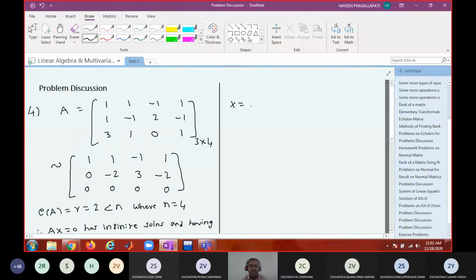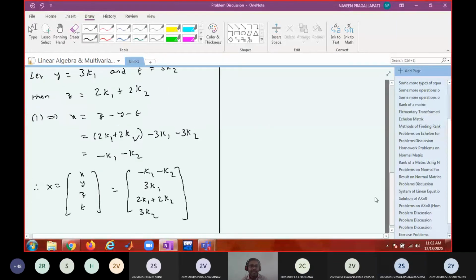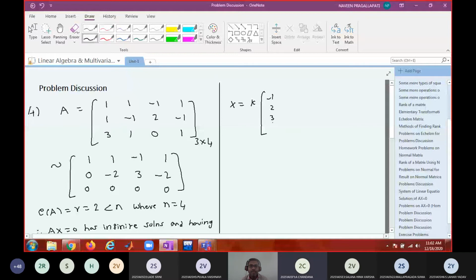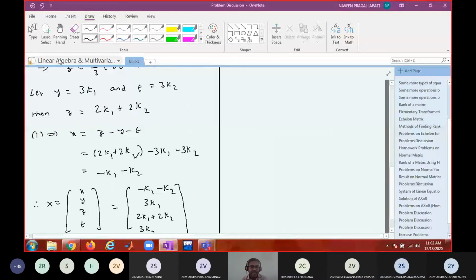Now, how do you write this as a linear combination of two linearly independent vectors? x equal to k1 into, write the coefficients: minus 1, 3, 2, 0, plus k2 into minus 1, 0, 2, 3.